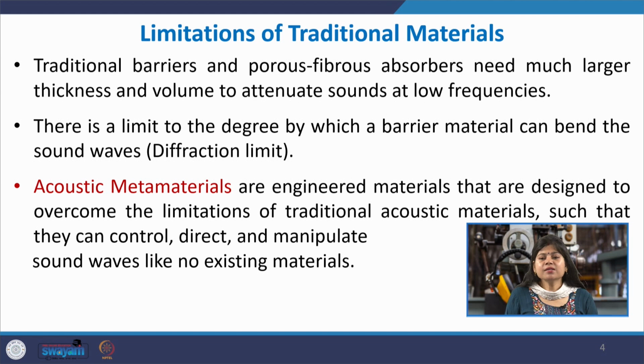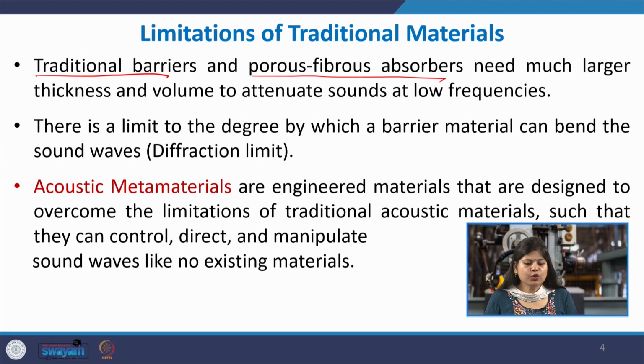So, what is the need for having a specially engineered material or a metamaterial for passive noise control? This is because most of these traditional materials have certain limitations. For example, the traditional barriers and the porous fibrous absorbers all need much larger thickness and volume in order to attenuate sounds at low frequencies.